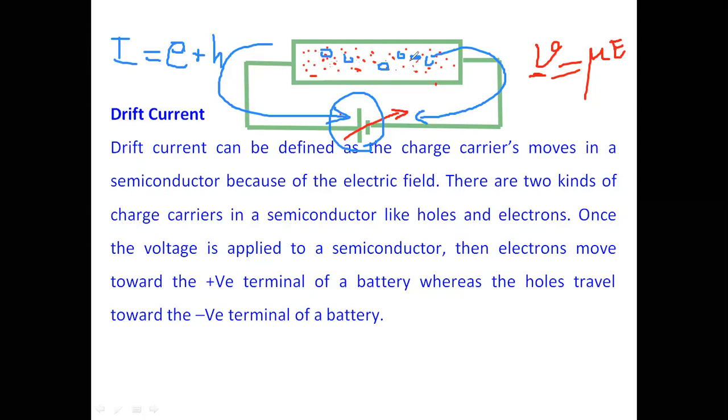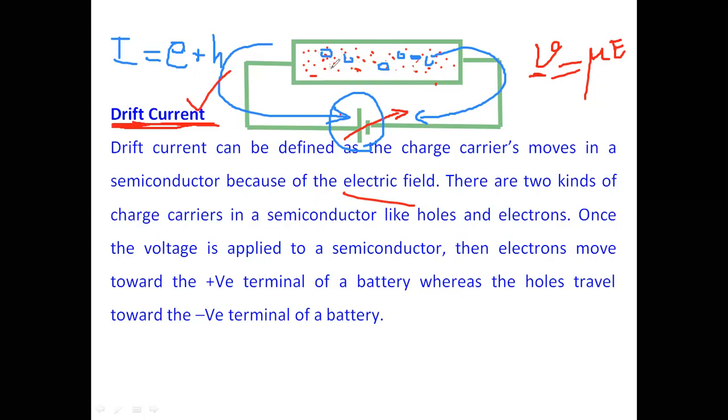If I get current when the external field is applied, then the current obtained is called drift current. So what do you mean by drift current? This is the current obtained due to movement of charge carriers under the influence of an external electrical field.